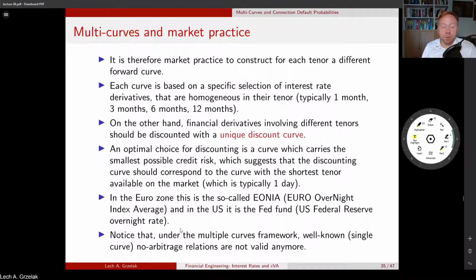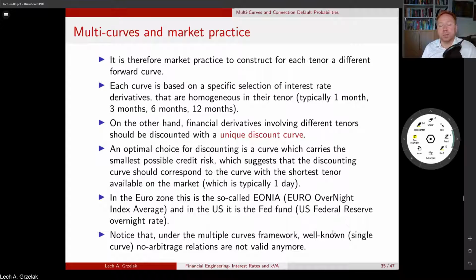We also have to keep in mind that under a multiple curve framework, the well-known arbitrage-free single curve assumptions don't hold. And like I already mentioned before, if you see a swap, or if you are asked to price a swap, let's say with 3 or 6 month frequency, then it should also be indicated for you which curve you should use to price that particular swap. And that's quite important.